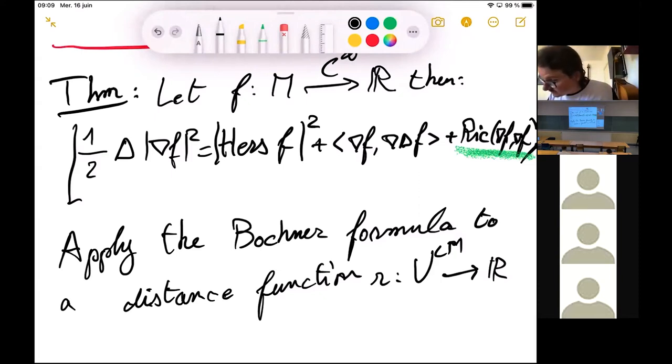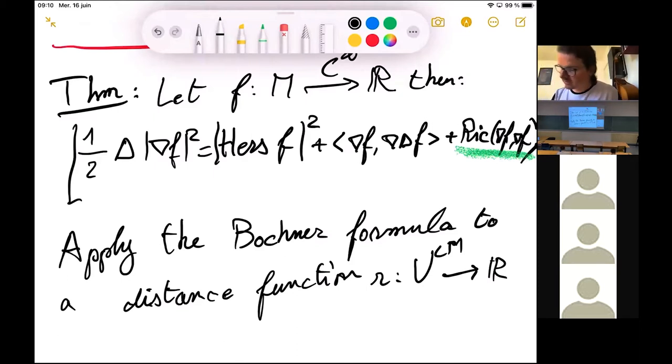So what do we get? I should be clear that my Laplacian is a so-called analyst Laplacian, so it has negative eigenvalues. It's just the sum of the second derivatives in every direction in R^n.